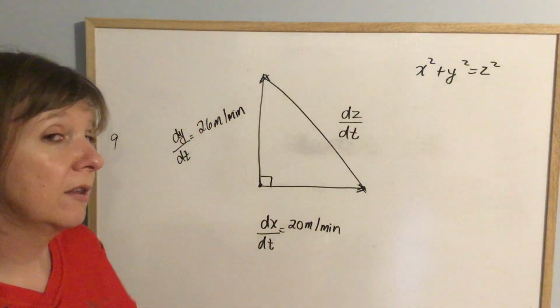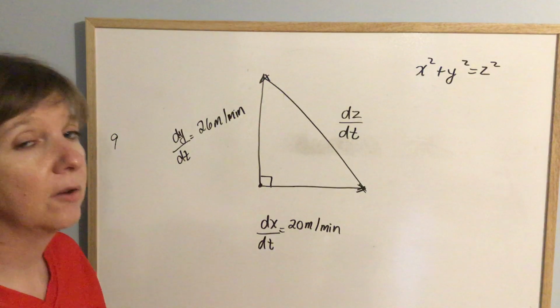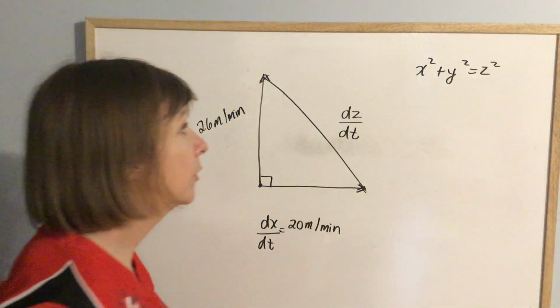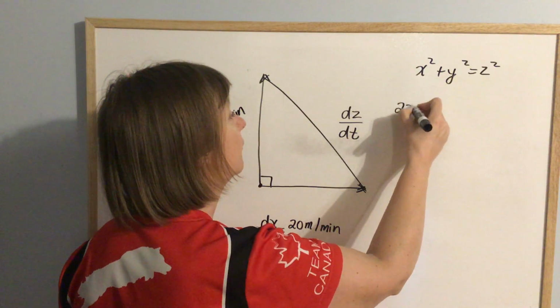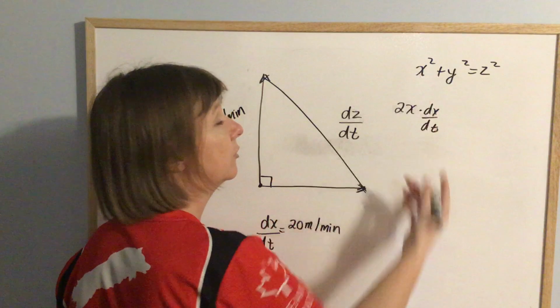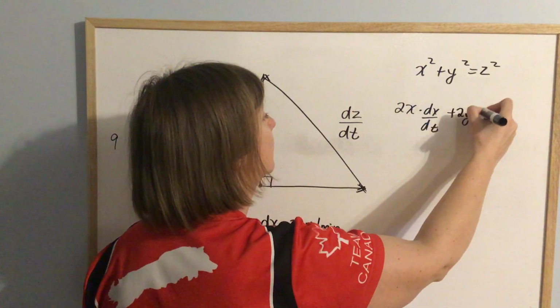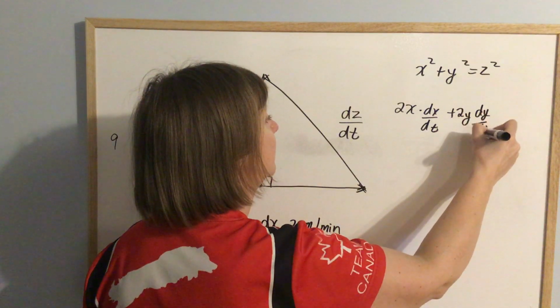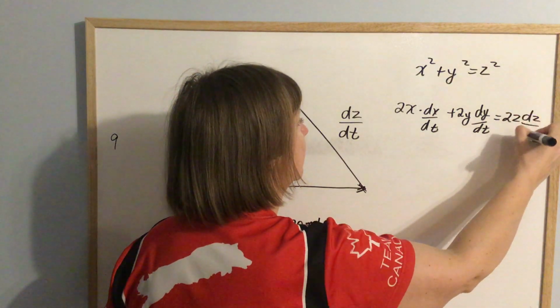I'm not going to replace z squared with a number this time because I actually want dz over dt in my formula. So when I do the derivative of this, we have 2x times dx over dt, right? Just did the derivative of x squared, plus 2y dy over dt is equal to 2z dz over dt.